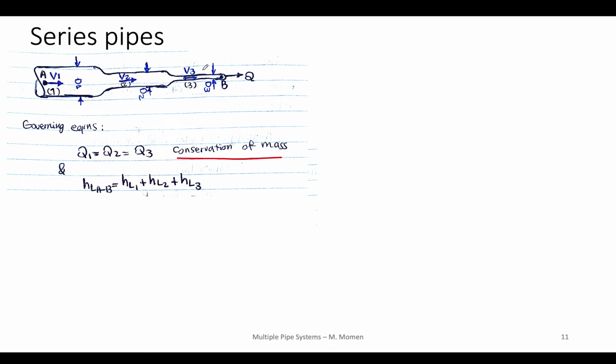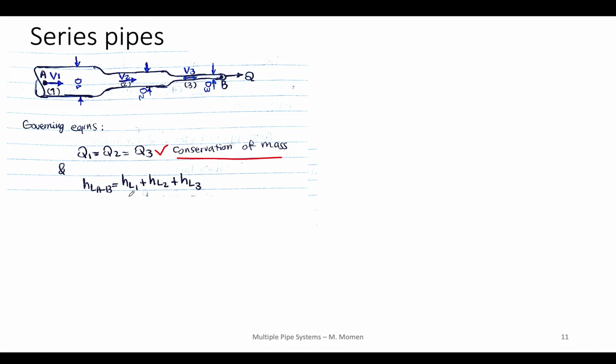So the entrance should equal the exit. This means Q1 should equal Q3, and it should also equal the flow rate in the middle pipe. So we can say Q1 equals Q2 equals Q3. This is the first governing equation that we can use for series pipes.